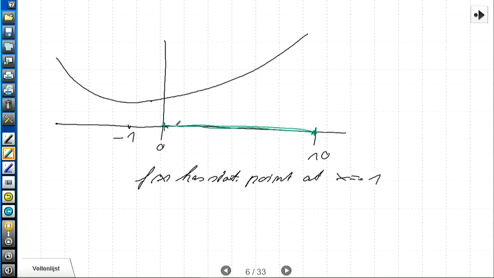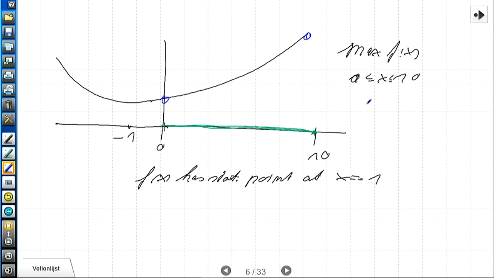We're only allowed to walk around here because the task is, for example, to maximize f of x for 1 is less than x less than 10. So we're not allowed to move to the stationary point, so we look at the function on this range here, and we have only 2 values to check.